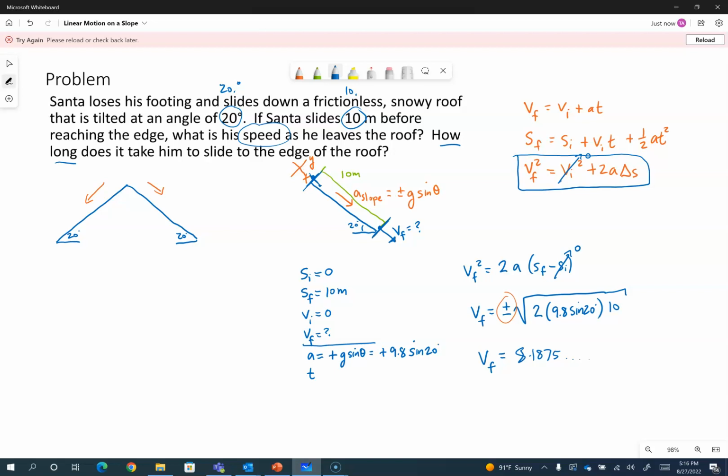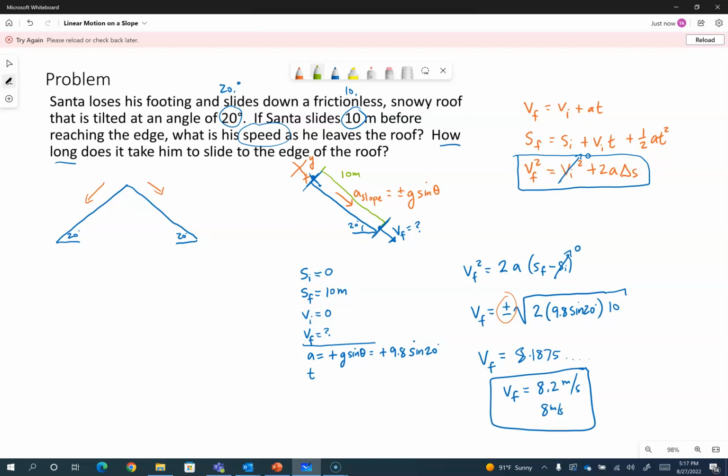When it's a little ambiguous like this, I will totally accept 2 sig figs. So let's go ahead and just write V final in 2 sig figs: 8.2 meters per second. I would totally accept an answer of 8 meters per second because of the sig fig issue. So that's the answer to the first question.